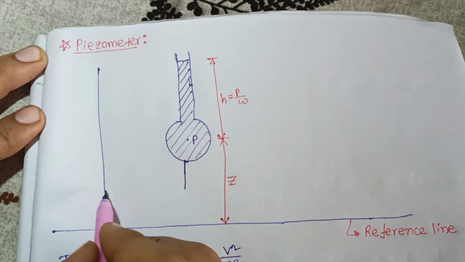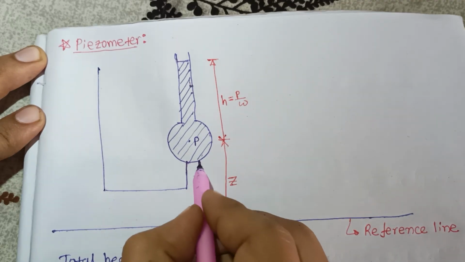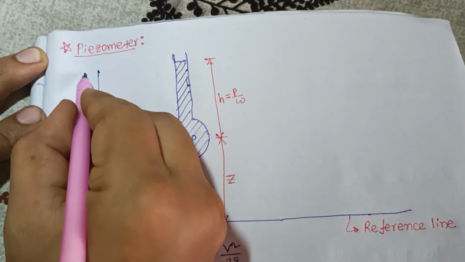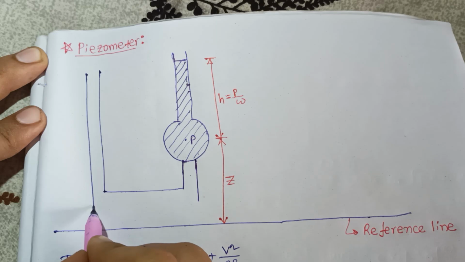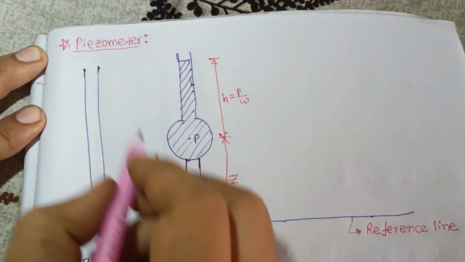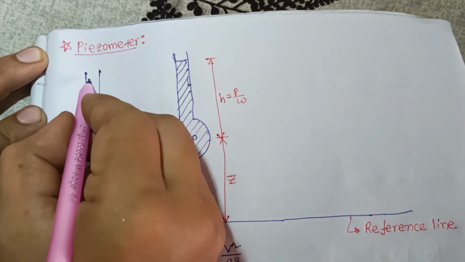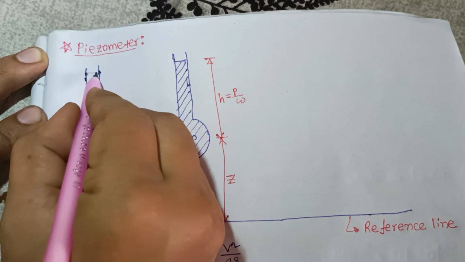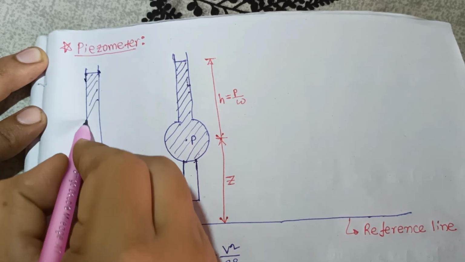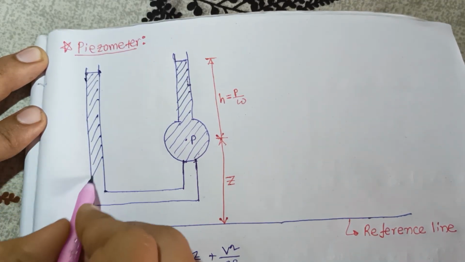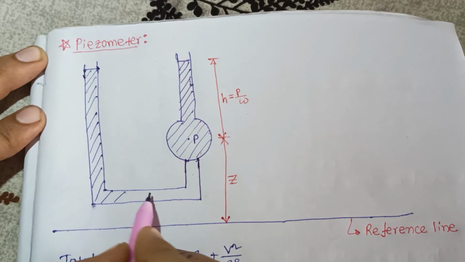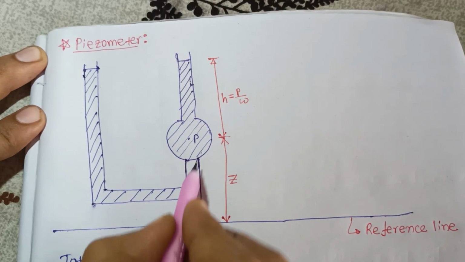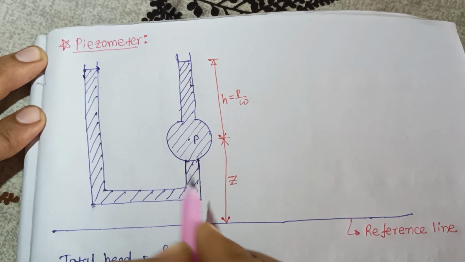So here there is another tube. You can also attach here. The liquid level deflection will be the same. So this is the manometric fluid deflection.